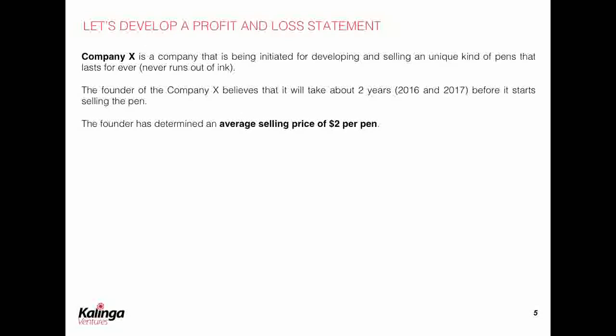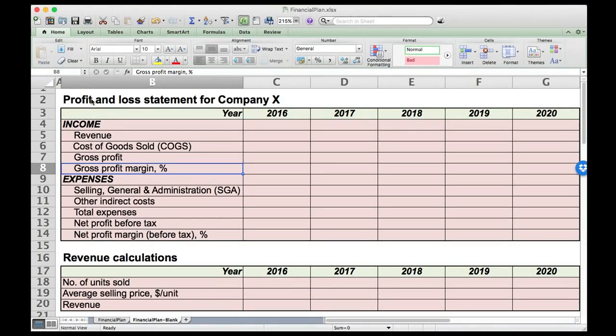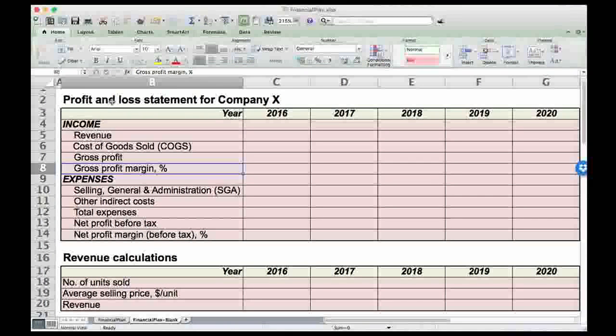So now let's use this information to build a profit and loss statement using an Excel sheet for company X. So I have a table here.